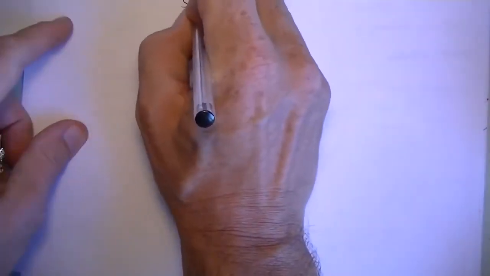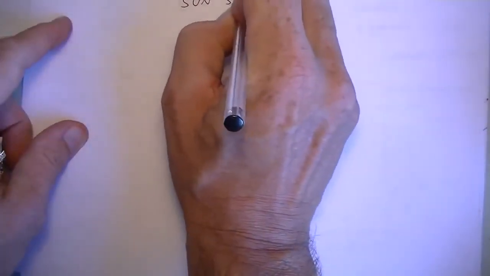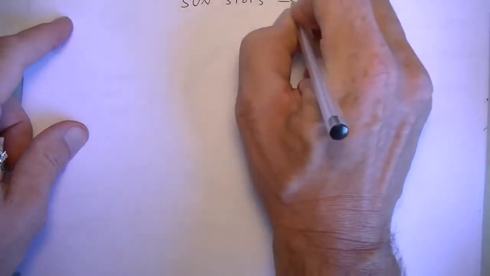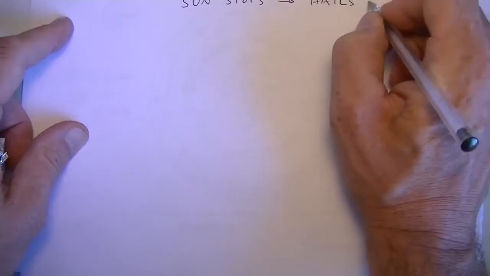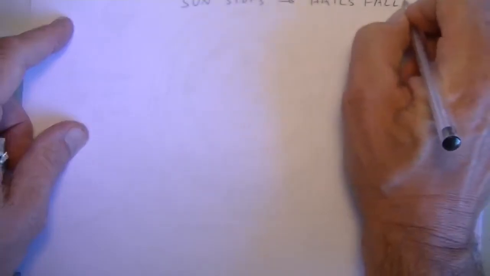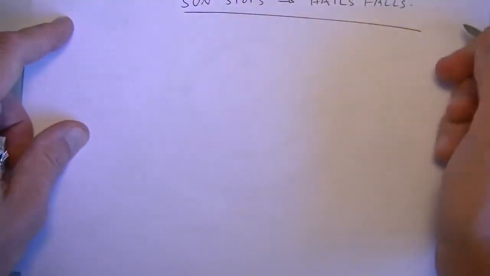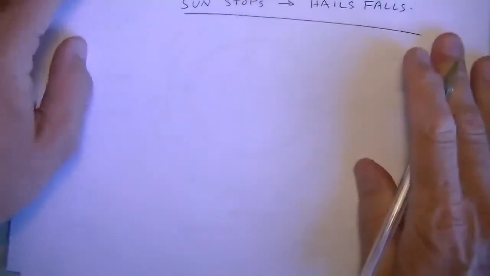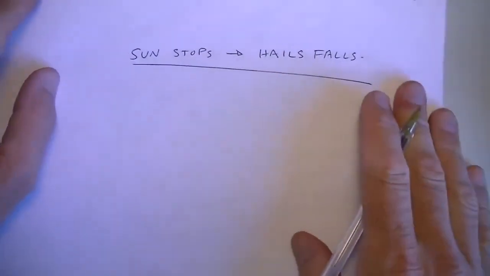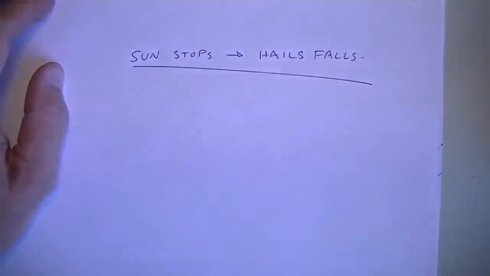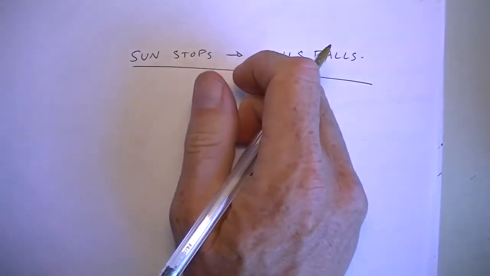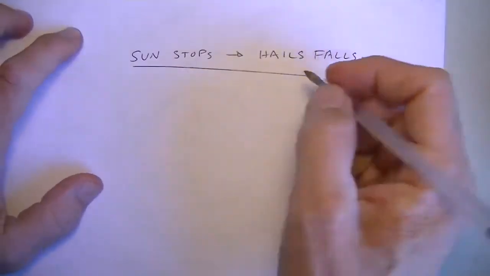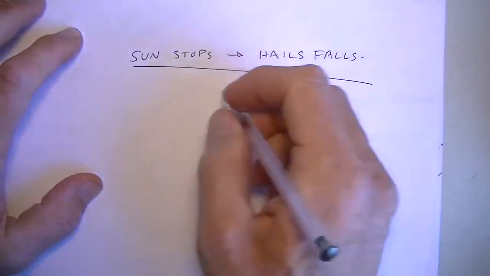If the sun stops, hail falls. There is the connection. If the sun stops again, you can conclude that it's very likely that hail will fall again.